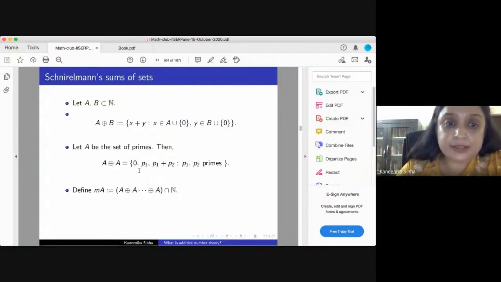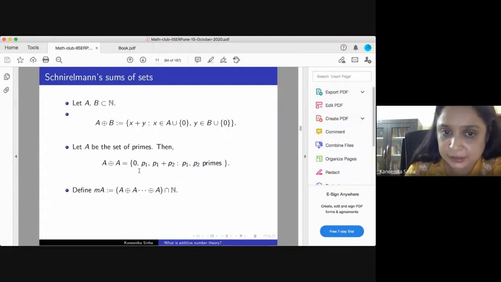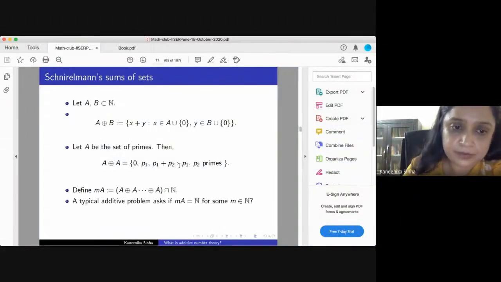So for any natural number m, we define m times A to be the sum set A with itself m many times, intersection N. So for example, for 2A, we will remove 0 from that set. So 2A refers to the set of primes as well as those numbers which can be written as sums of 2 primes, where P1 and P2 can be equal.